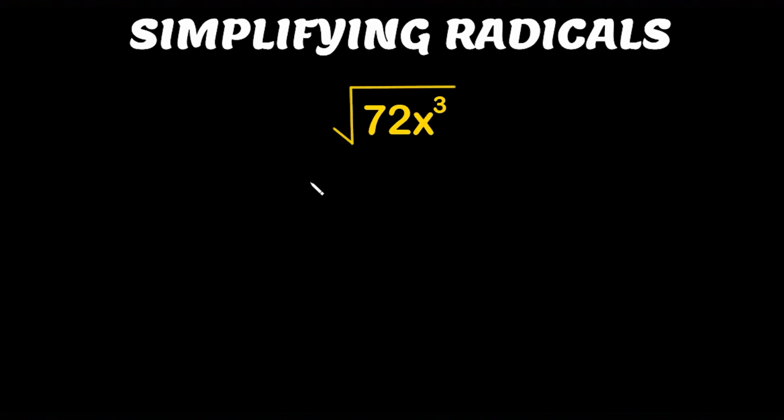So here's our next example. Again, another square root. I'm going to go ahead and put in the index of 2. Now, don't freak out here. You do have a variable, but we're going to save that for the end. We're just going to work on that coefficient in front, 72. Okay, then we'll worry about that variable. So again, let's do 72. Well, I can use 8 and 9 here. Okay, that will work. Breaking this down, I get 3 and 3.